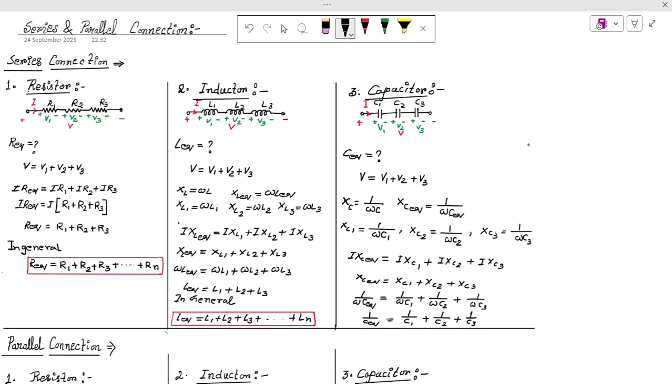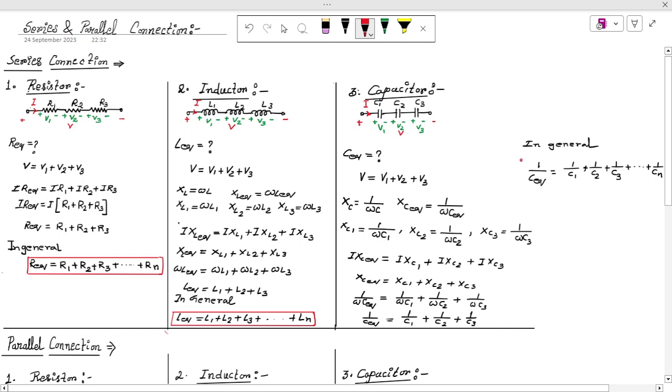So in general, 1 by C equivalent equal to 1 by C1 plus 1 by C2 plus 1 by C3 plus up to 1 by Cn, and it must be put in a red box.